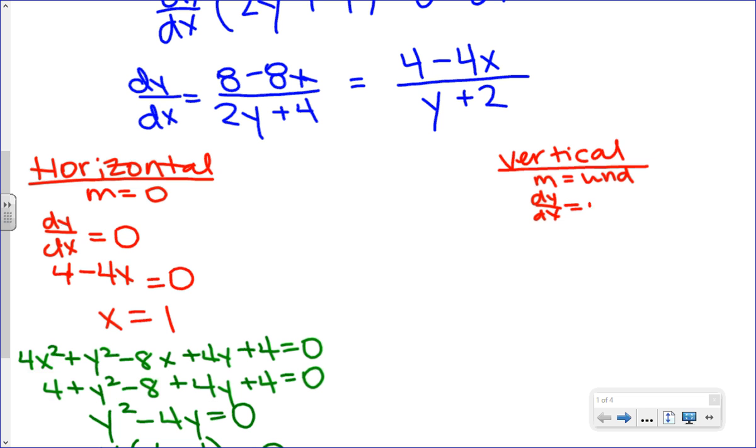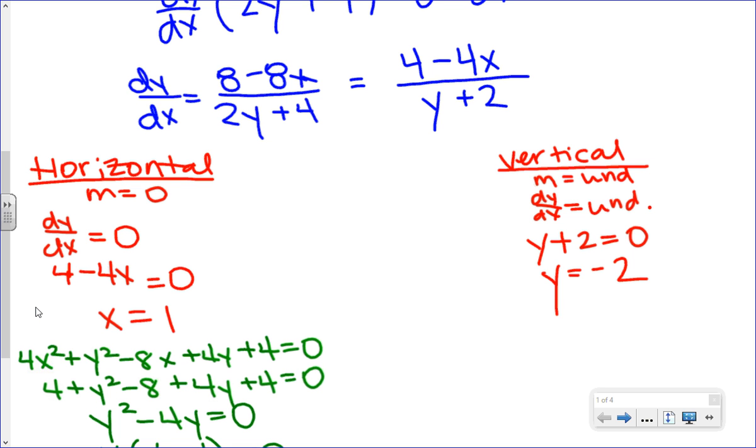We kind of talked about this a little bit yesterday. Since we have a fraction, we want our denominator to be 0, which means if we want undefined slope, y is going to need to equal -2 because that's what makes the denominator of our derivative 0. So this would give us an undefined value.